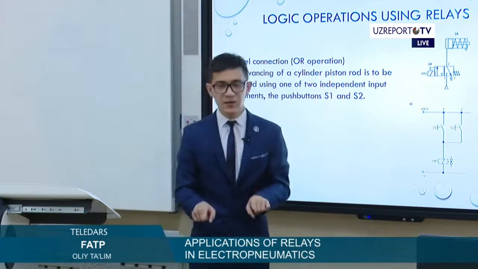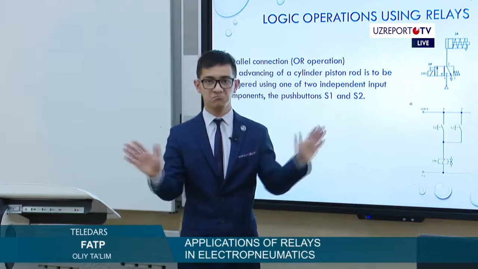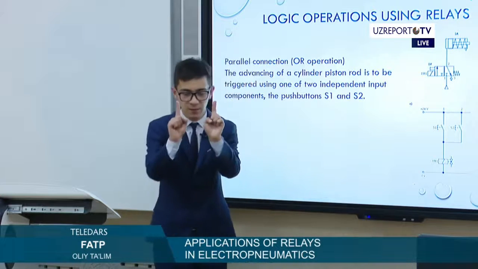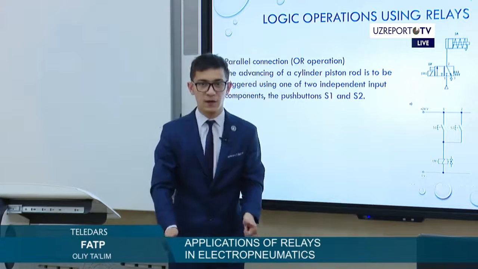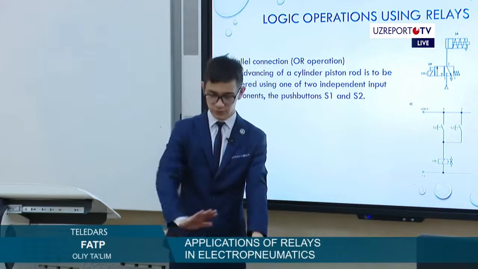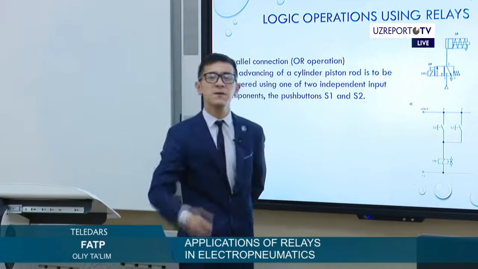Without the connection of two push buttons, the technology process does not start to work. Here the two push buttons must work in one line. If you push one and the other one is stopped, the technology process does not start. Why do we use it? In a safety process.